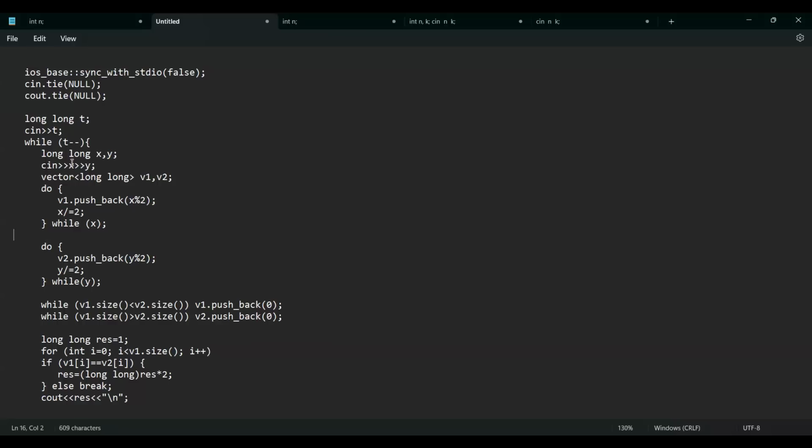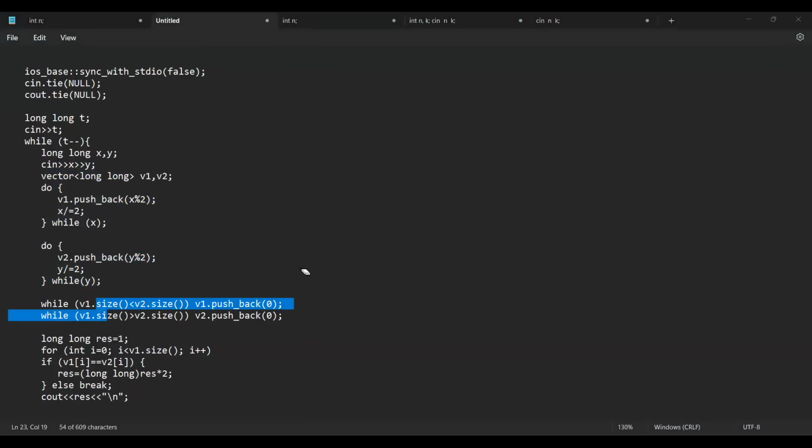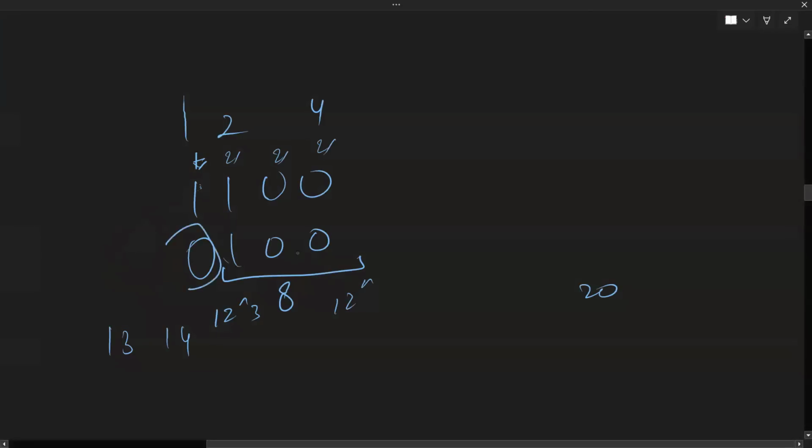So we have x and y, and we take x and y as input. Then I have created two vectors to keep the binary representation of those, like what is the first bit, what is the second bit. This is how we calculate the binary representation. At last, if one of these has a smaller size, like here, after writing the binary representation of 4, I added a 0 in front of it. Why?